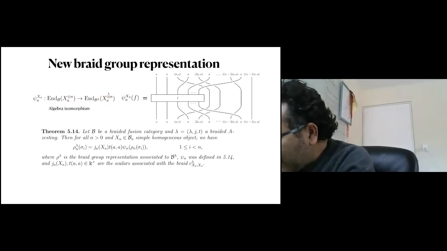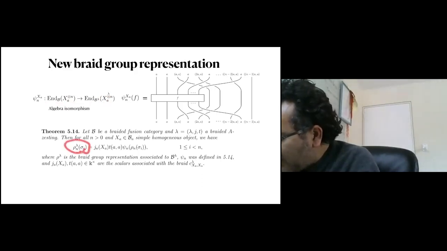And using this isomorphism, you can rewrite the new braided representations in terms of the old representation and some scalars that appear naturally. Again, those are scalars that appear in the definition of braided zesting. So up to this isomorphism, it is just multiplying by some particular scalar.